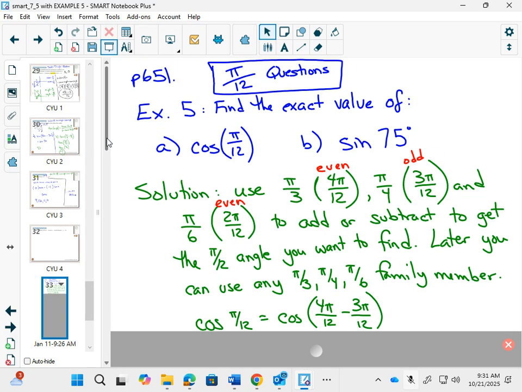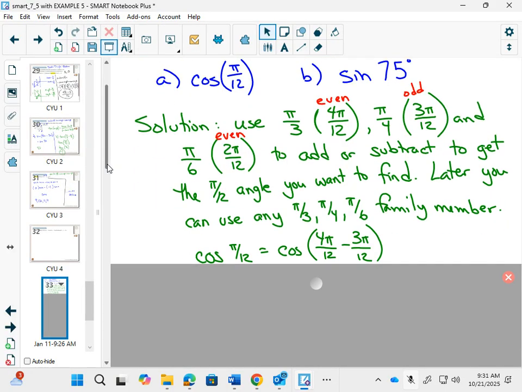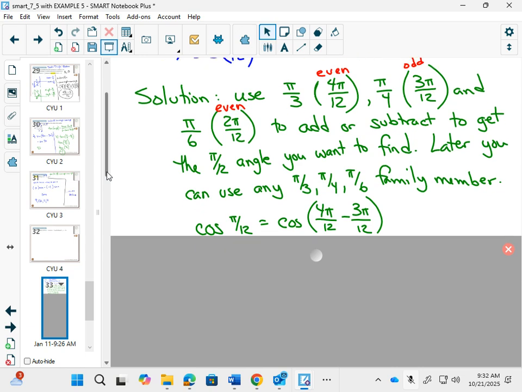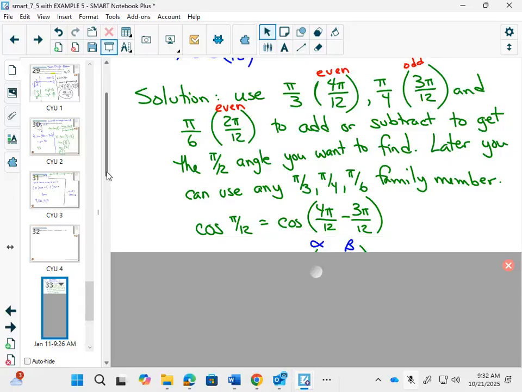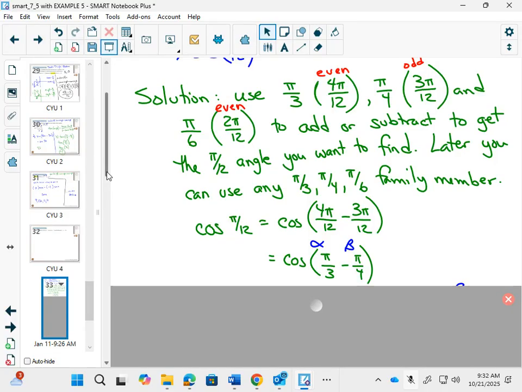Okay. Be careful with your notation. We want to find cos of pi over 12. I write an equal sign, it's equal to cos, and then in brackets, obviously 4 pi over 12 minus 3 pi over 12 is equal to 1 pi over 12. But I want to make sure that in my notation I have cos of pi over 12 equals cos of, and then I'm like, okay, well 4 pi over 12 was pi over 3, 3 pi over 12 was pi over 4, so this is equal to cos of pi over 3 minus pi over 4.